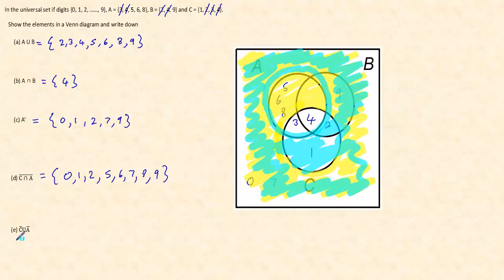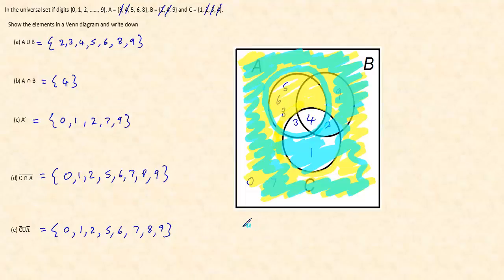If this had been an intersection instead, we'd have just taken the double shaded bits. But for a union, it's whether it's shaded once or twice. And I can see that's everything except the 3 and 4 here. So 0, 1, 2, 5, 6, 7, 8, 9.